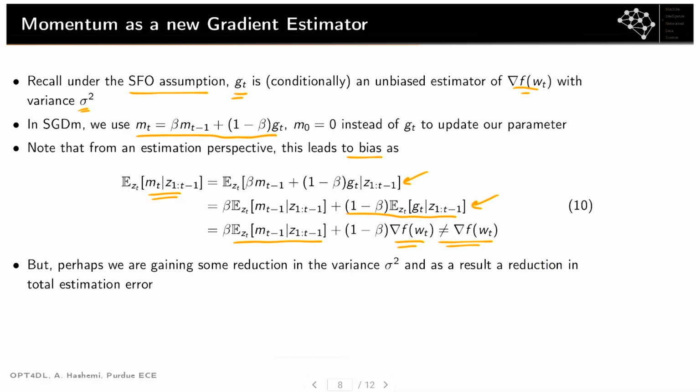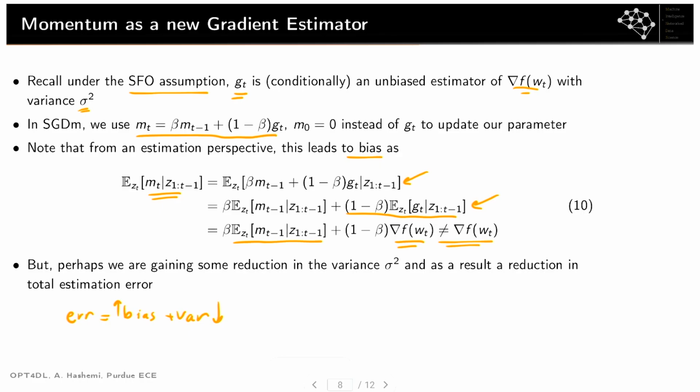However, when we talk about estimation performance, recall that the error has two parts: one part is bias, the other part is variance. Bias is going up here, but we haven't studied the variance. Maybe the variance is going down by a lot, such that the total estimation error is actually going down. So this might end up being a good idea.